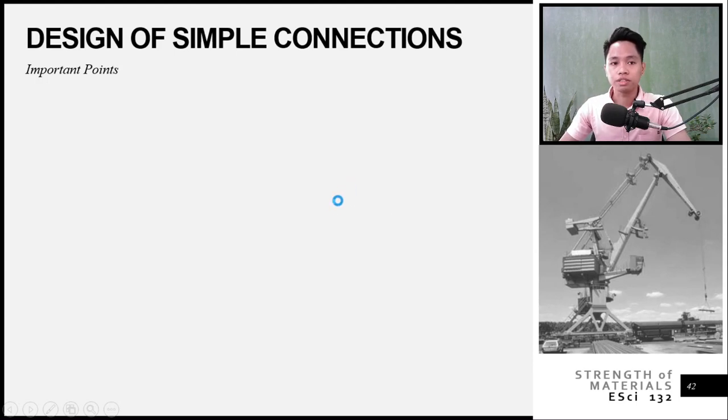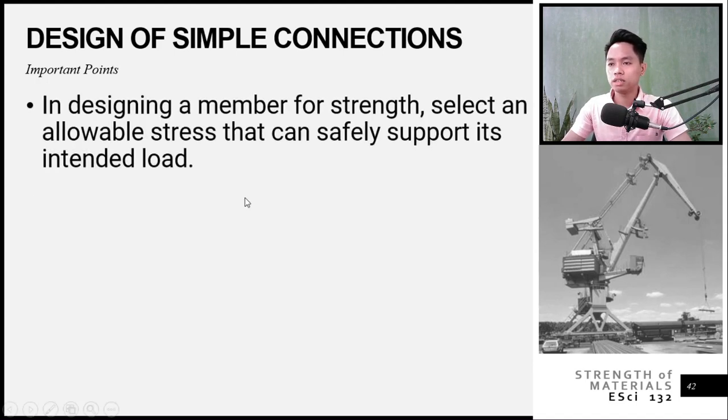So, important points. Okay, for some important points, in designing a member for strength, right? For materials that we are going to use in your structures, select an allowable stress that can safely support its intended load.